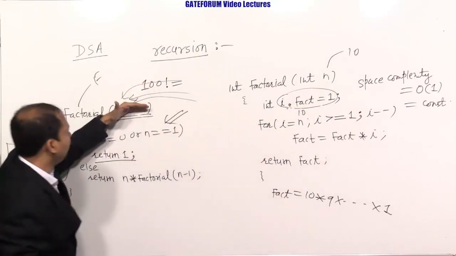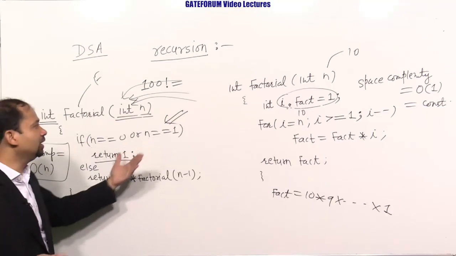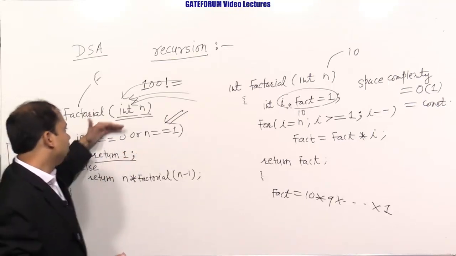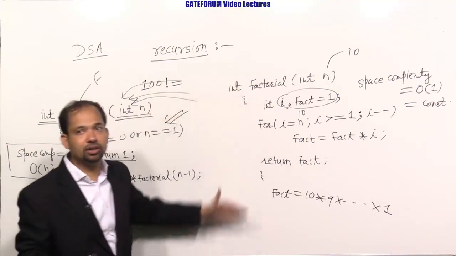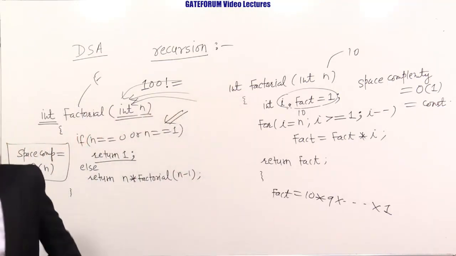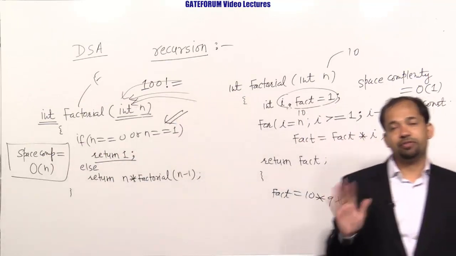Here if we have 100, we need 100 variables. So as far as space complexity is concerned, the recursive one is costly as compared to the non-recursive one. This program is just to prove that recursion may not be efficient.